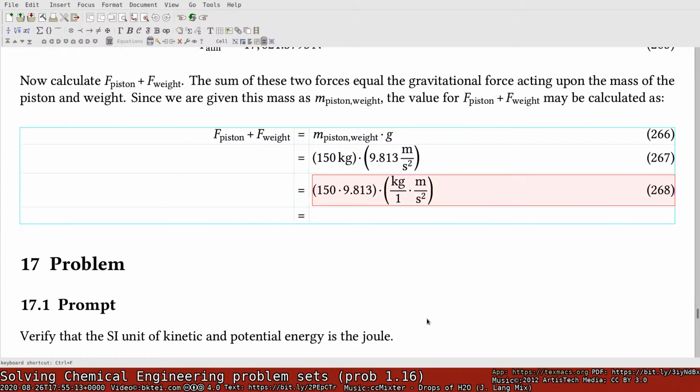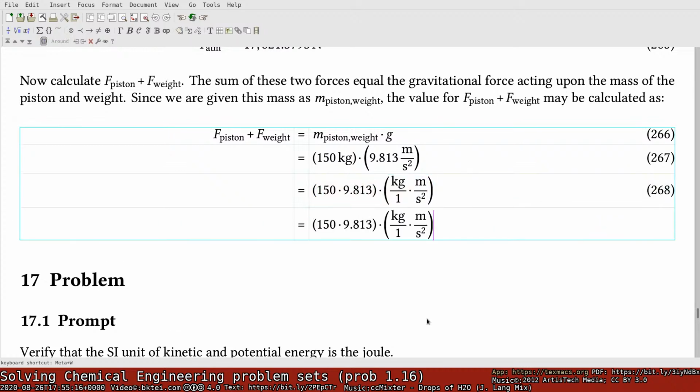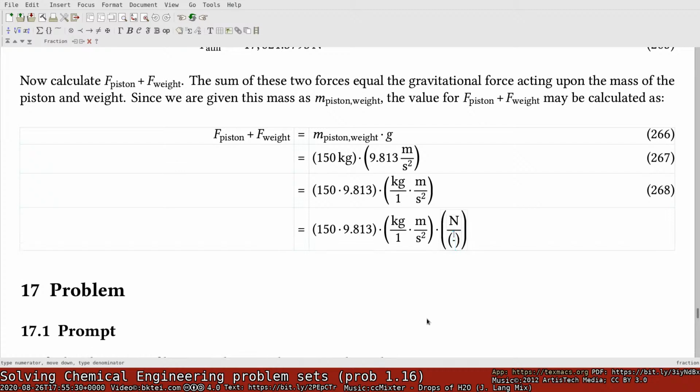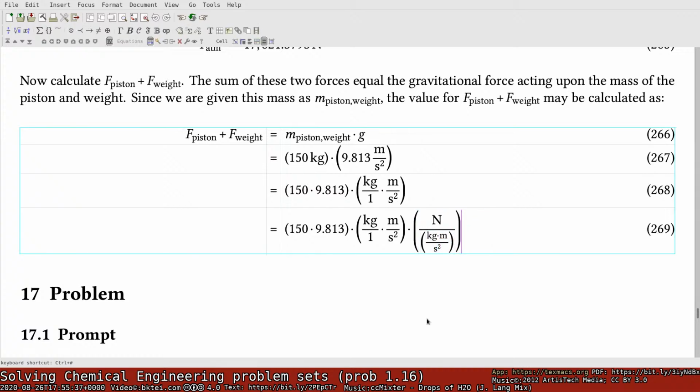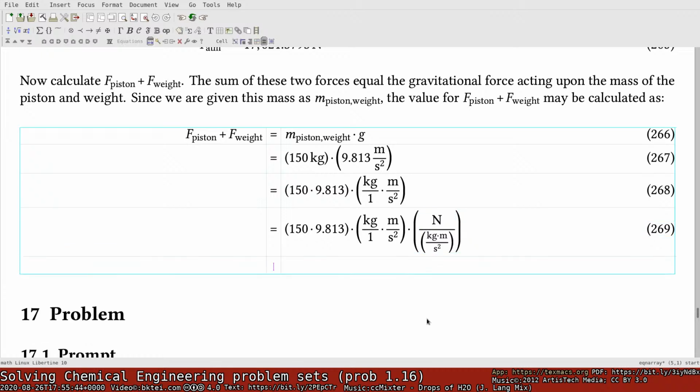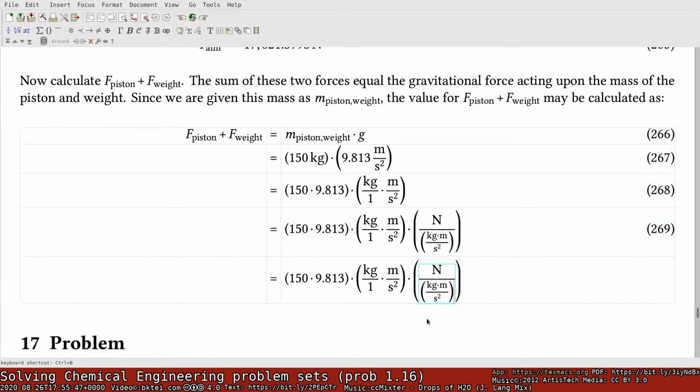We'll just take that, copy it, add in a conversion factor, which is, yeah, for every newton, we have a kilogram meter per second squared. And to make that workable, we'll rearrange the terms.